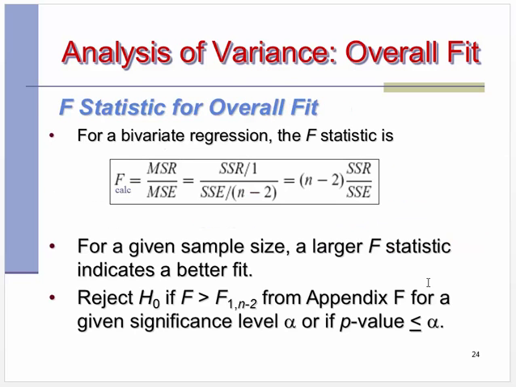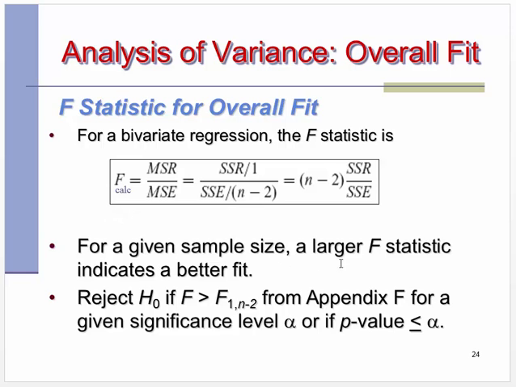Okay? And the F statistic for the overall fit is similar to ANOVA. It's MSR over MSE, where MSR is SSR over its degrees of freedom, that's 1, and MSE is SSE over its degrees of freedom, n minus 2. Therefore, you get (n minus 2) times SSR over SSE. That gives you the calculated F statistic.